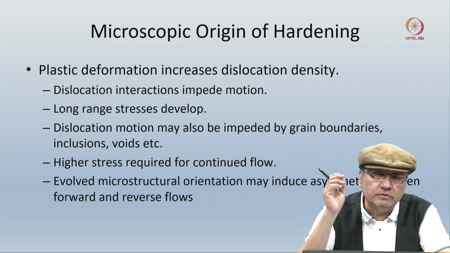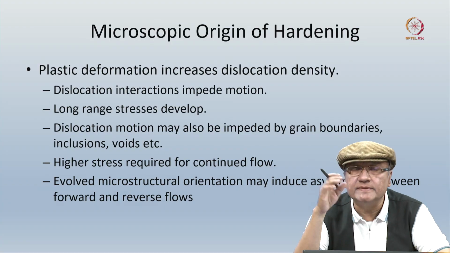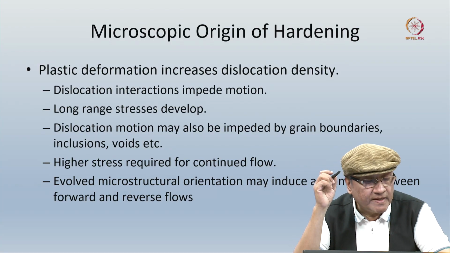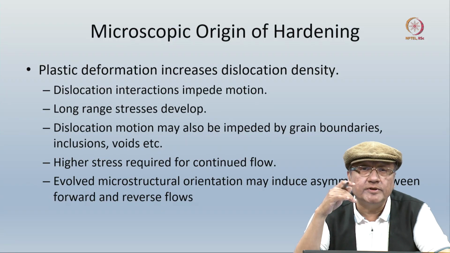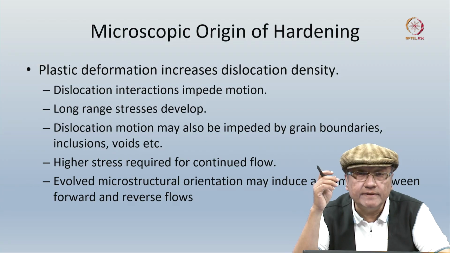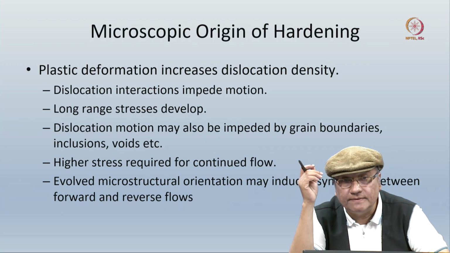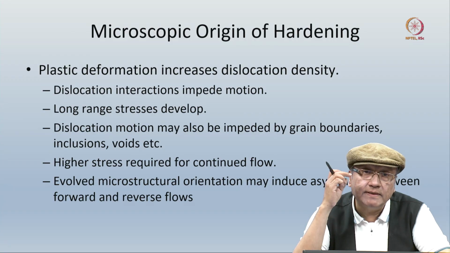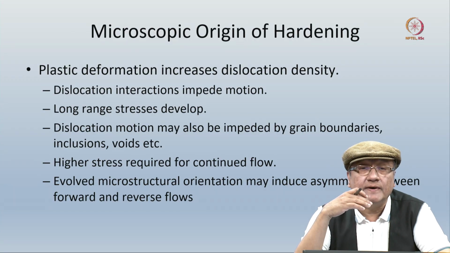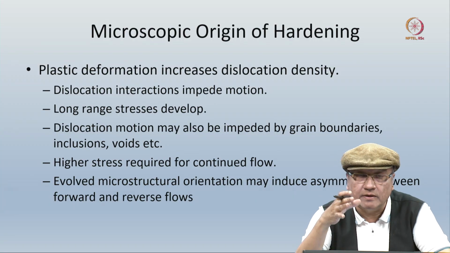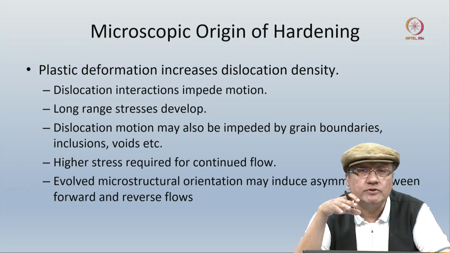As we already know, there are multiple mechanisms, including the Frank-Read mechanism that we talked of some time back, by which plastic deformation would multiply the dislocations. So it will increase the dislocation density. The more dislocations there are, the less will be the chances of other dislocations, including those in the forest of dislocations, to move.